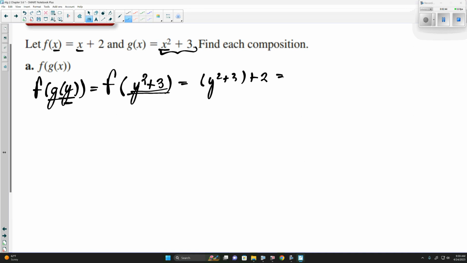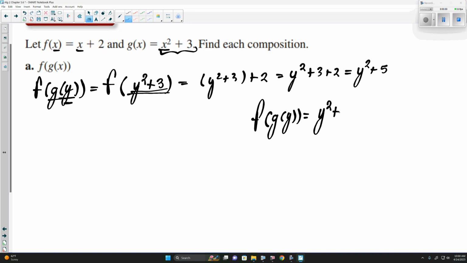Now we can drop the parentheses, telling us that we have y squared plus 3 plus 2, which is y squared plus 5. So for us here, f of g of y is y squared plus 5. And that's it.